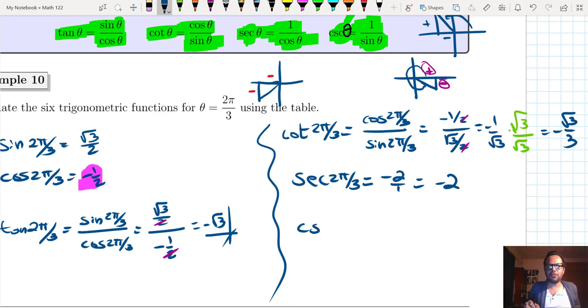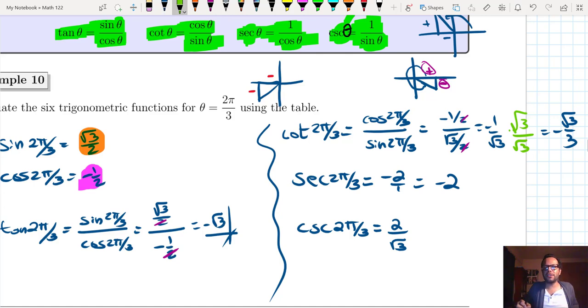Last but not least, cosecant 2 pi over 3 equals the reciprocal of sine. Notice that sine equals square root of 3 over 2, so the reciprocal must be 2 over root of 3.